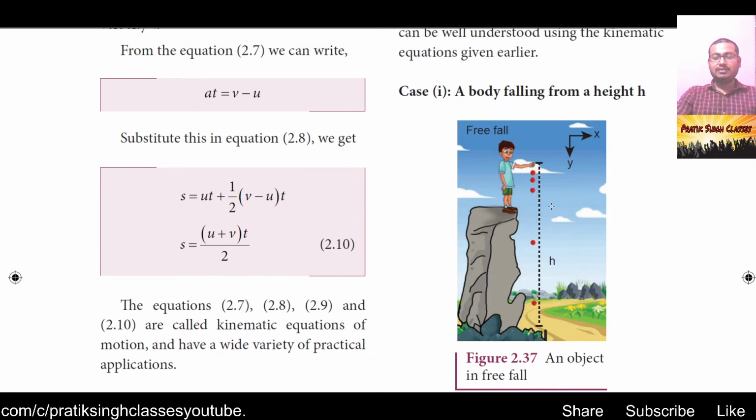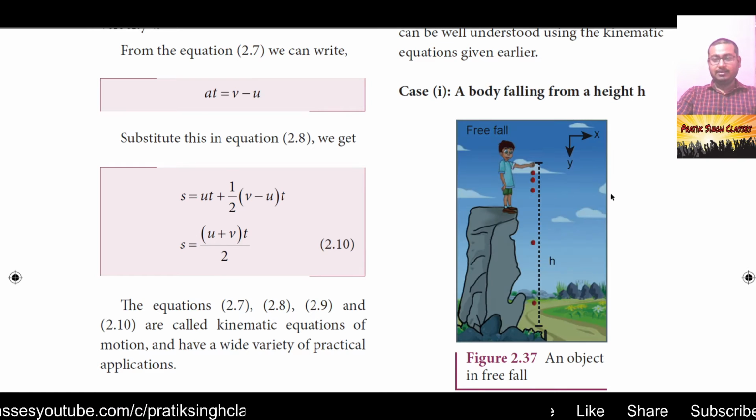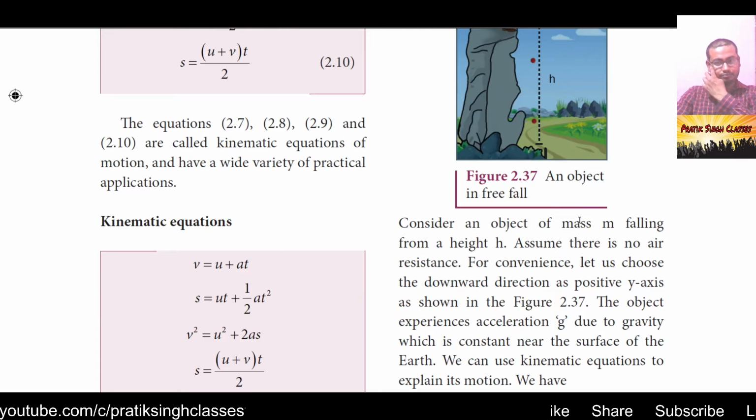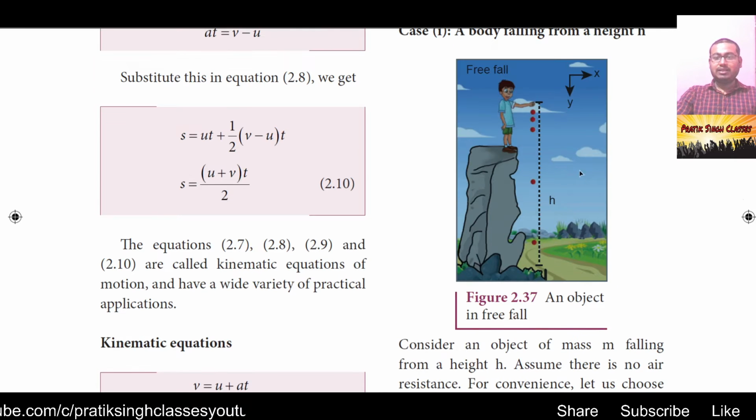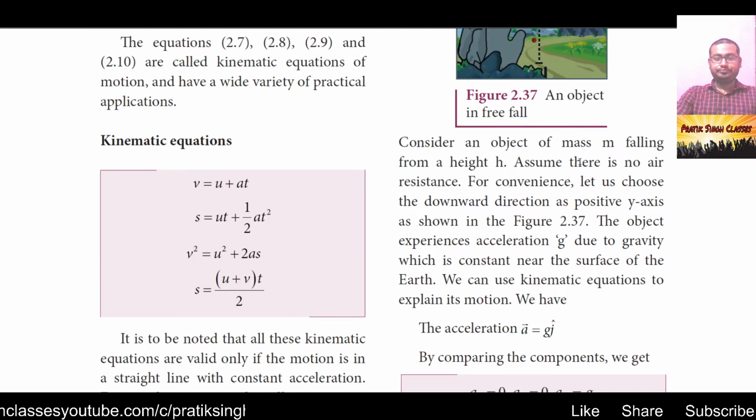Here you can see that the vertically downward direction is taken as the y-axis and the horizontal as the x-axis, as given here. One more thing: if vertically downward is taken as the y-axis, then vertically upward will be minus y.